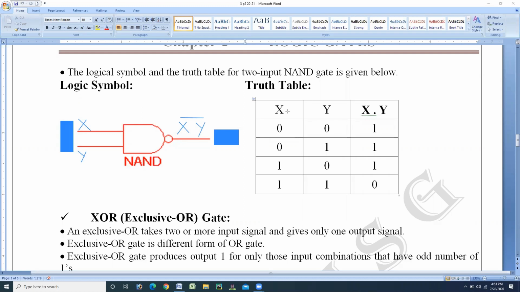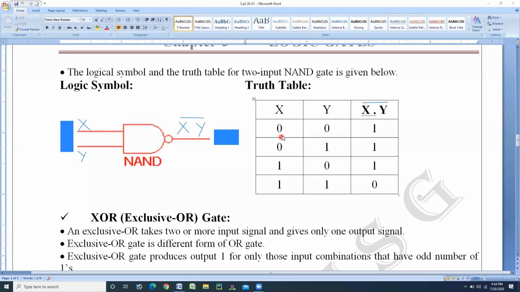X dot Y whole complement. So now you can trace it. We'll make the complement form here also, then it'll go there.